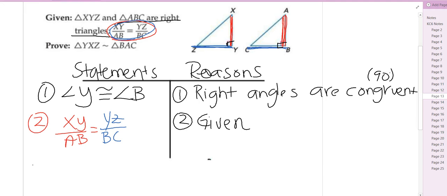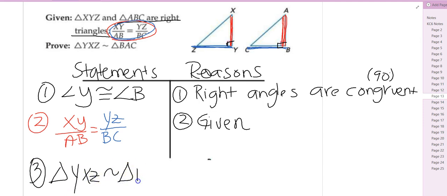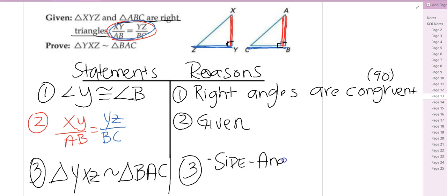So therefore, that is enough to say that triangle YXZ is similar to triangle BAC, and the reason for that is side, angle, side, similarity.